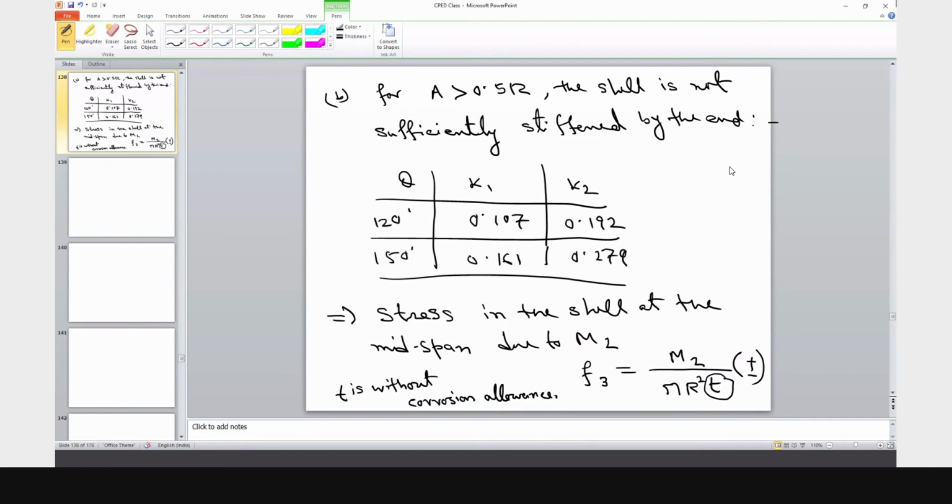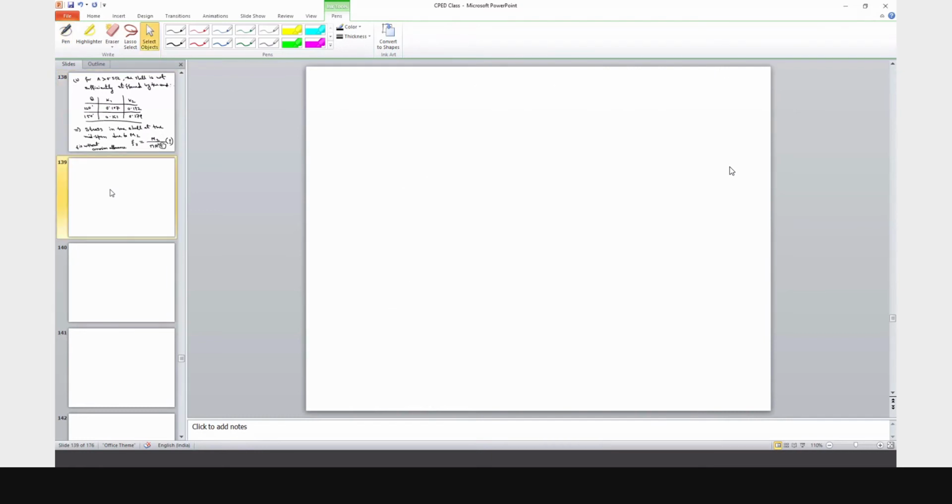Now a problem, you will try a problem. Suppose the vessel diameter is 1230 millimeter.